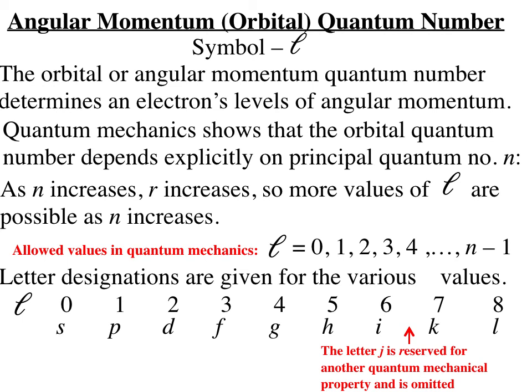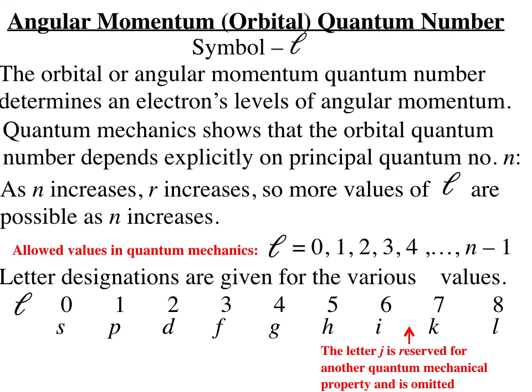So notice that the letter designations of angular momentum go alphabetically from 4 up, but the letter J is skipped. The reason it is skipped is that it was reserved for some other quantity, actually some combination of angular momentum. So we skip it in the orbital designation of angular momentum.